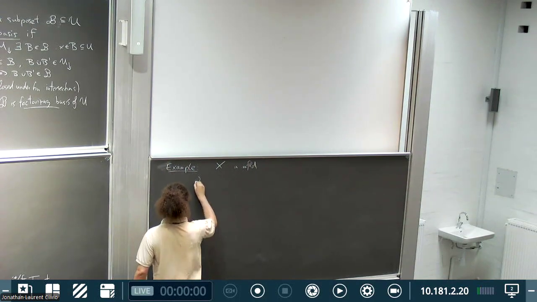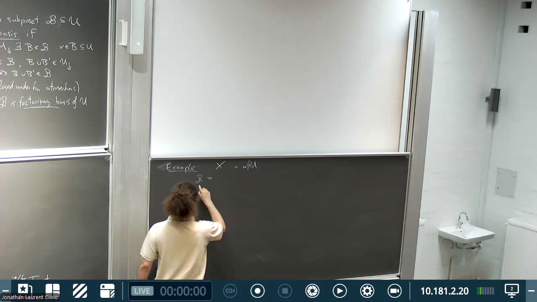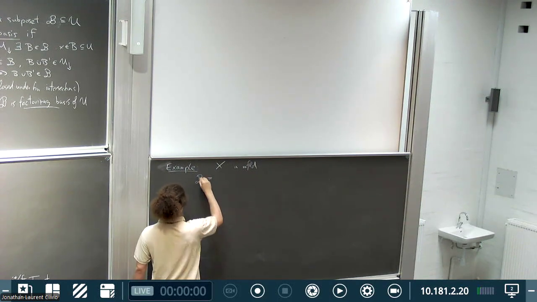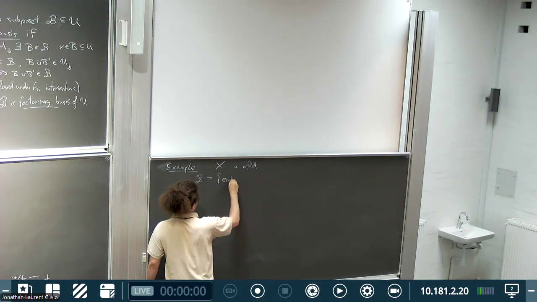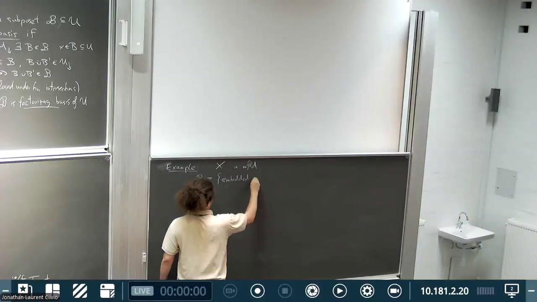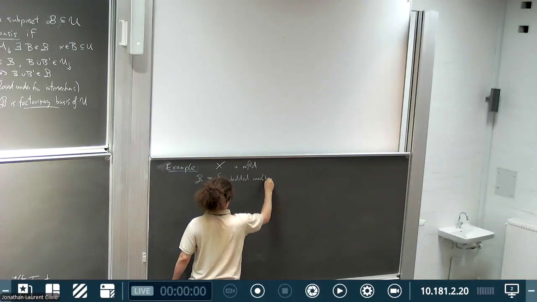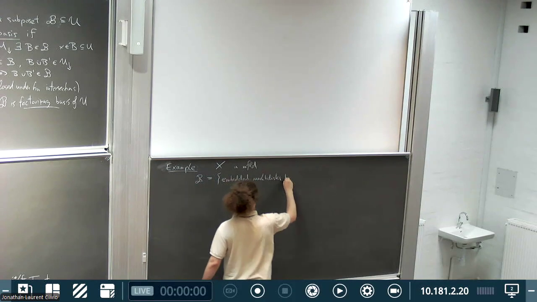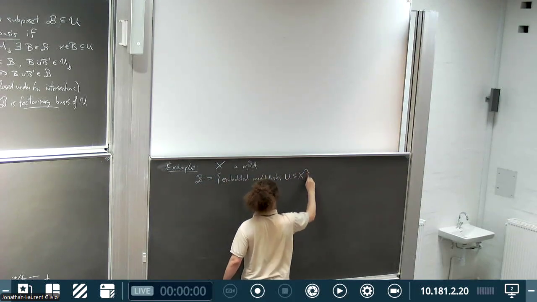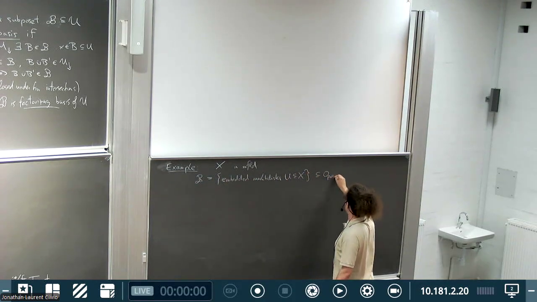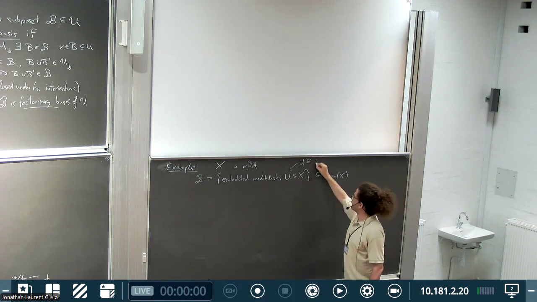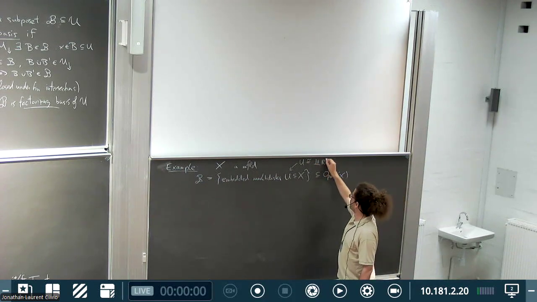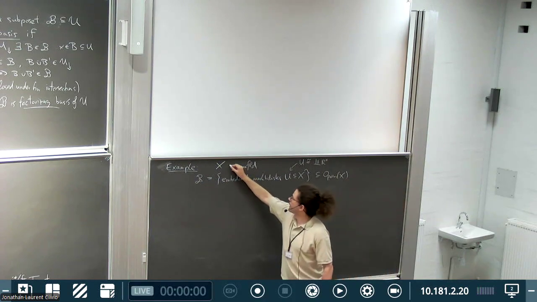Then one choice you could make is you could let B be the set of embedded multidisks in X. So a multidisk, this just means that U is abstractly isomorphic to some disjoint union of R^n. So let's say this is an n-manifold.